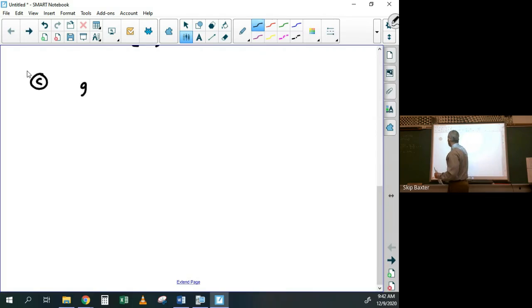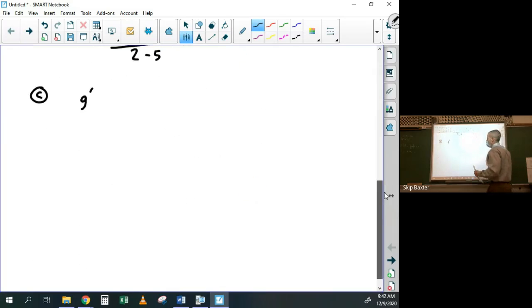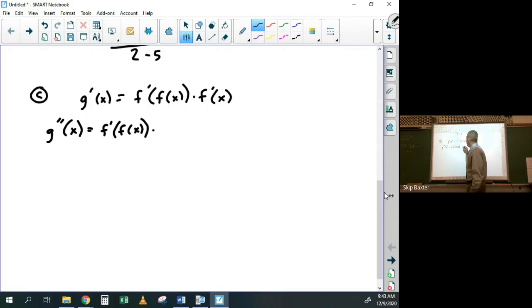So g prime, which we already found in the previous problem, is f prime of f of x times f prime of x. Then g double prime is a product, so you have to use the product rule. It'll be the first times the derivative of the second plus the second times the derivative of the first.